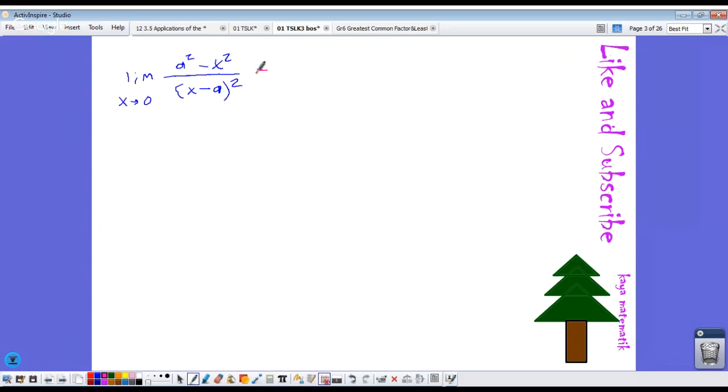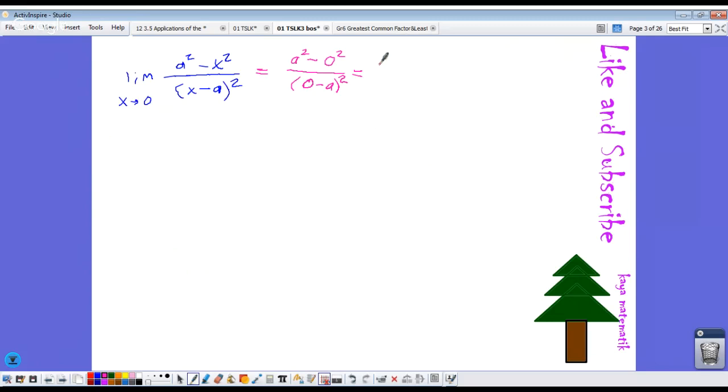Here we have a question. So in limit questions, always put the given number inside. Check what's happening there. So a squared minus, instead of x, I'm going to write 0. 0 squared over, sorry, 0 minus a power 2.